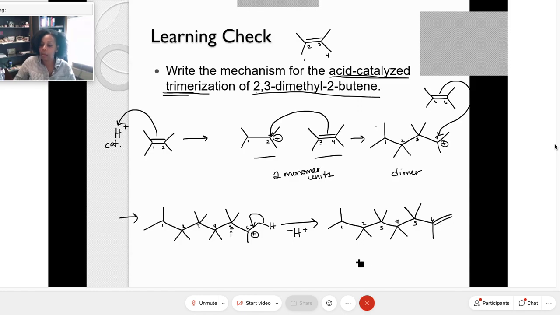So now we get this double bond here. So this is our final trimer where we regenerated our acid catalyst.